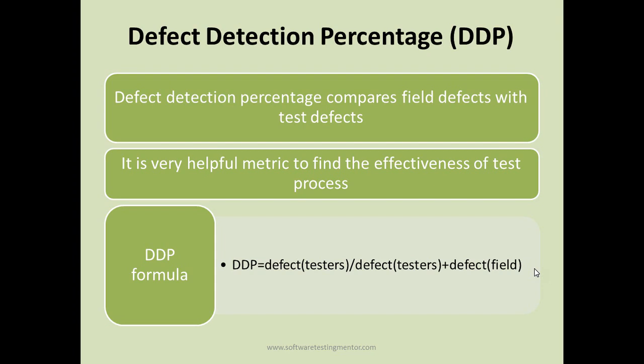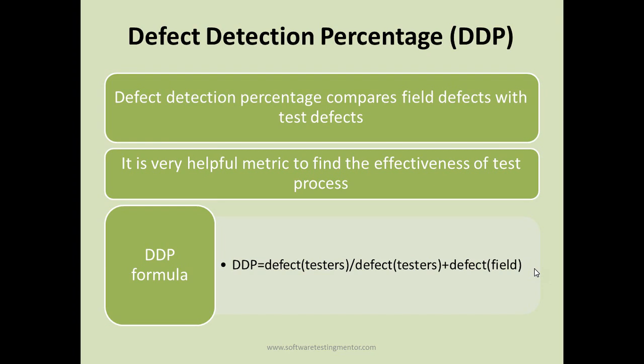DDP in that case will be 100 divided by 100 plus 100, so that is 100 divided by 200, and that is 0.5. So DDP is 0.50, which indicates that the test process is not able to find those 100 field defects that it should have found during the test phase itself.